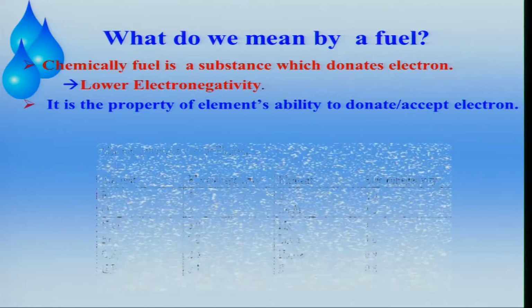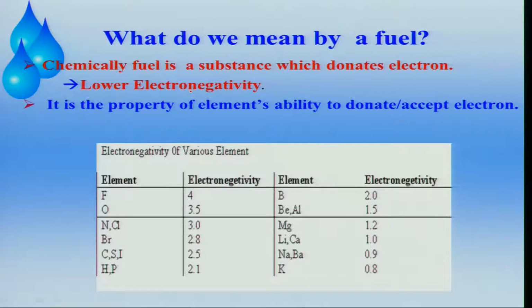That means if you talk about electronegativity, when you are giving, then what will happen? This will be decreasing. So, if you look at potassium, it is having 0.8 electronegativity. That means it can donate a lot of electrons. It has a higher capability to donate the electron, it is basically a donor.